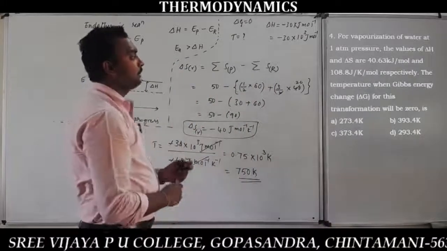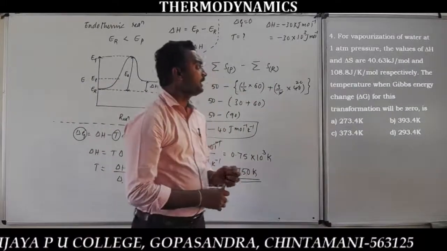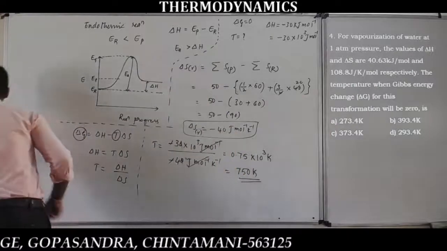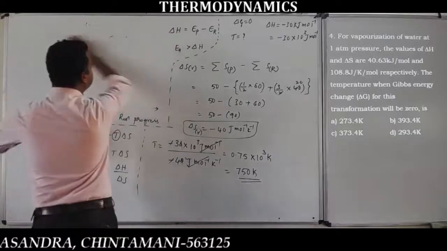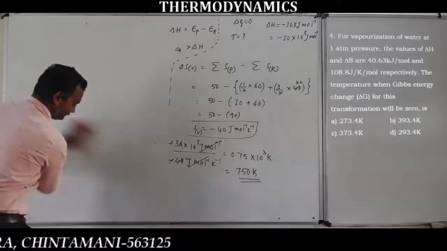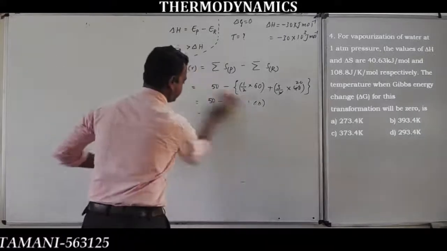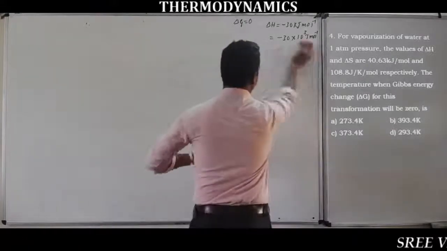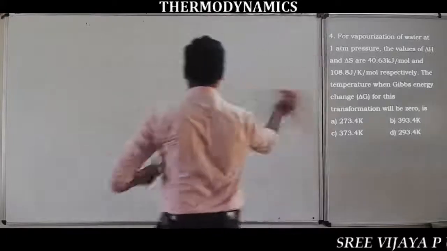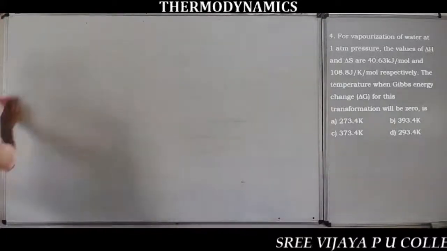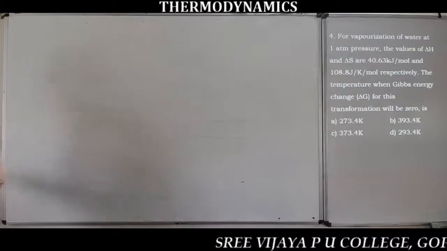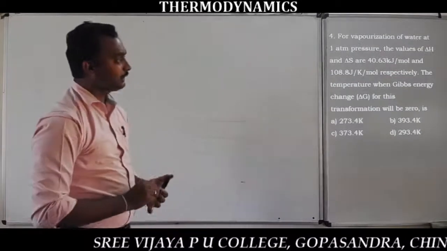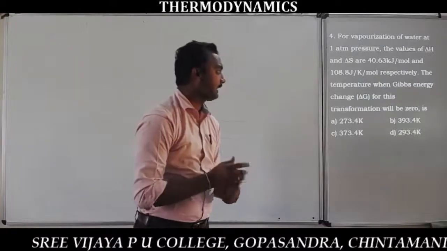What is the fourth question? For the vaporization of water at 1 atmospheric pressure, the values of delta H and delta S are given.